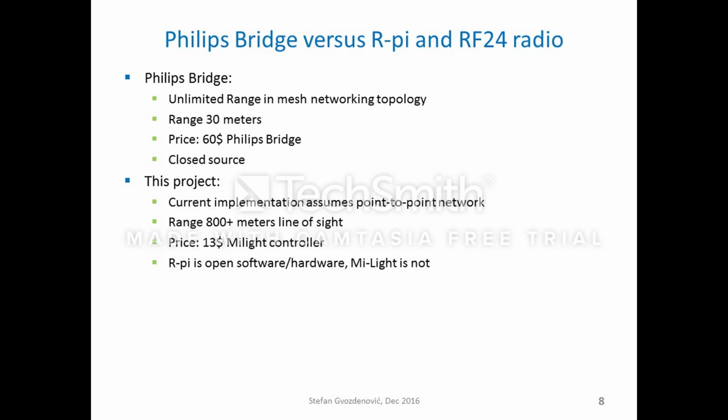Disadvantage of Philips Bridge is that it is closed source, while parts of this custom solution are open source and open hardware, which is the Raspberry Pi. MyLight is unfortunately closed source and proprietary.